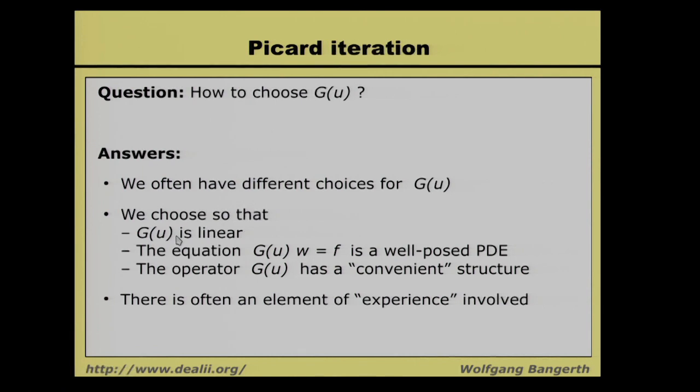You want the equation to be a well-posed PDE, so G(u) times w equals f needs to be a well-posed PDE in terms of w. And we want this operator G(u) to have a convenient structure. Typically we want to mimic the Laplace operator or something that we're familiar with.